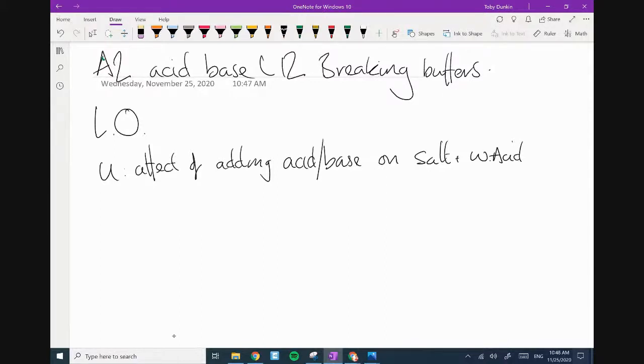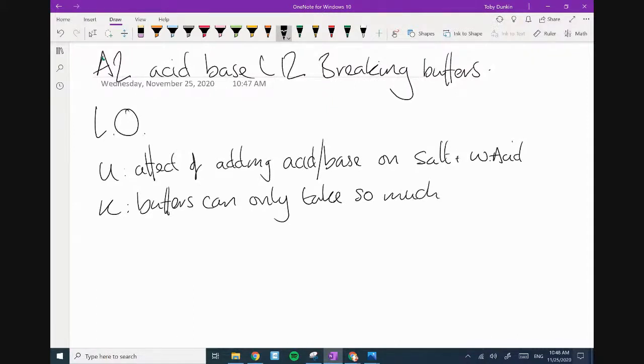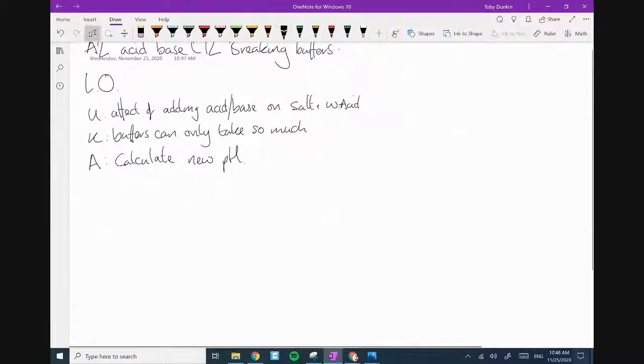I can actually just shortcut that: acid-base effect on salt and weak acid. Next, know that buffers can only take so much, and then be able to calculate new pH. Right, three learning objectives.